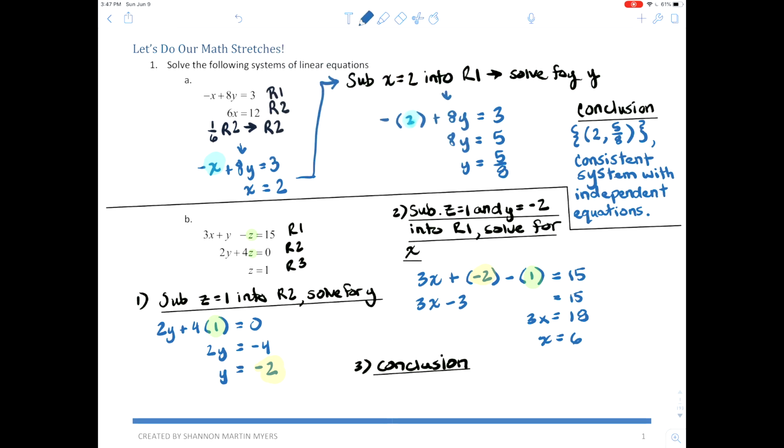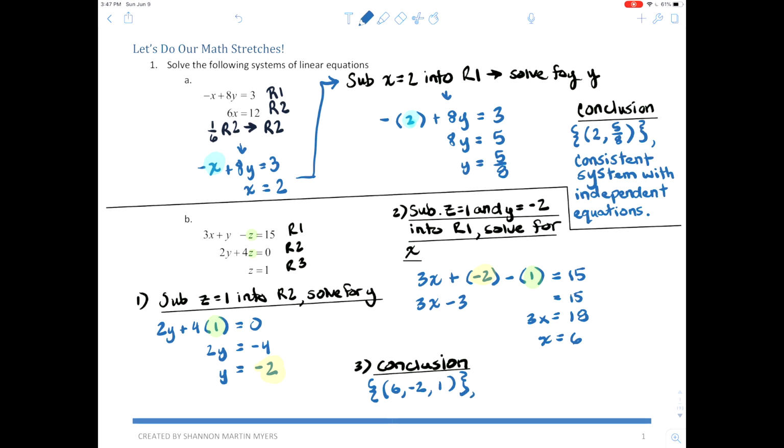So these 3 planes, now these are planes because we're in 3 dimensions, intersect in exactly one ordered triple. So put it in our set. X was 6, y was -2, and z was 1. So we have a set of one ordered triple.